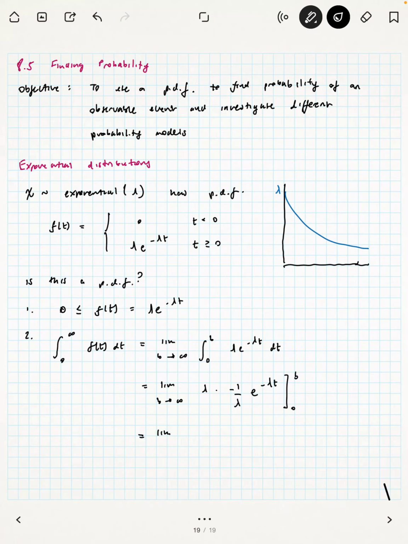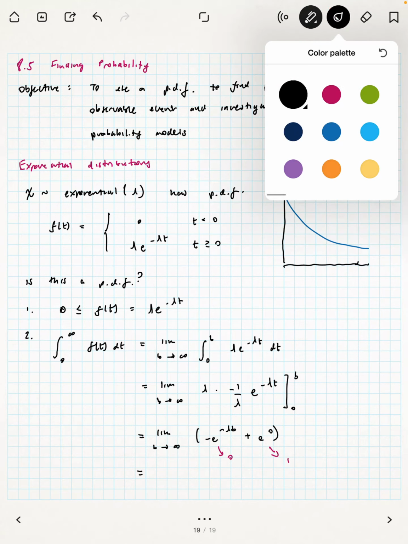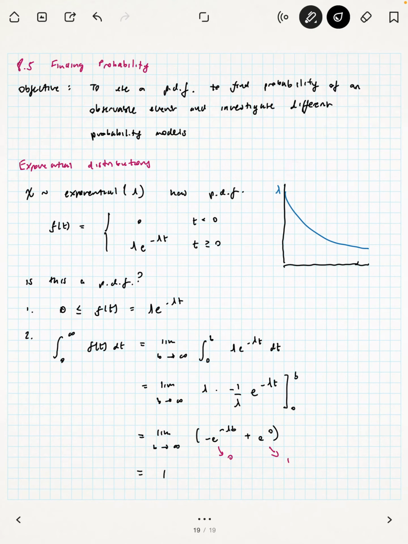That gives us the limit as b goes to infinity of negative e to the negative lambda b plus e to the 0. Notice that the first term goes to 0, and e to the 0 is literally the number 1. And so we end up with 1. Okay, so this works.